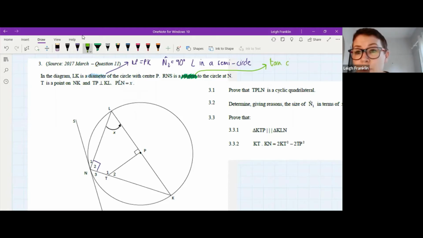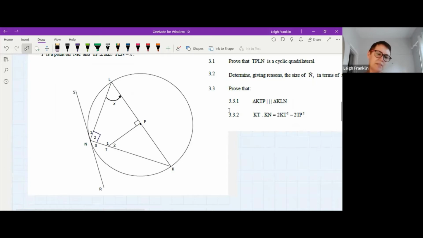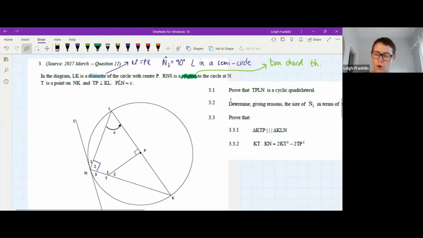You guys are perfect. We think about tan-chord theorem. Also, could be tangents from the same point? No. Could we have radius perpendicular to tangent in this case? Also no. So it's just going to be tan-chord theorem, so we need to look out for that.